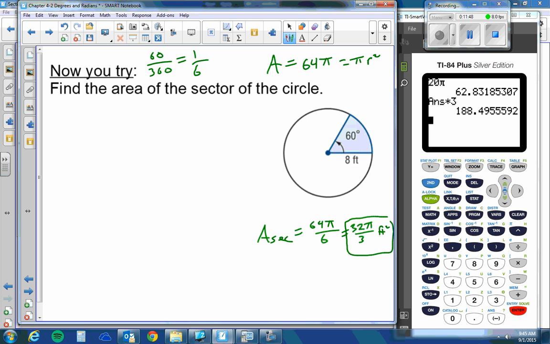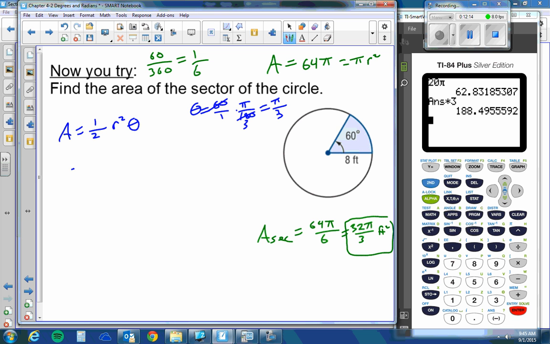Done. Now I'm going to redo the problem using the formula. So once again, the formula looks like this. 1/2 r squared theta, except I can't use 60 degrees. You have to express 60 degrees in radians. So I multiply by what? Pi over 180 or 180 over pi? So the degrees cancel. And you just get 60 pi over 180. You divide, you get 3, so pi over 3.